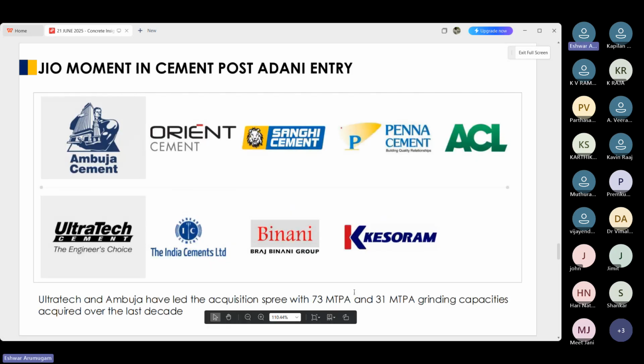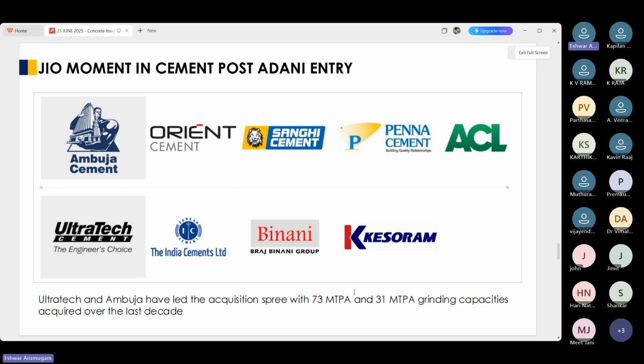So the cement industry saw a Jio moment in FY22 when Adani acquired Ambuja Cements. Essentially, what happened in the telecom industry when Jio launched in 2016 is that they offered way more for way less price, which led to a lot of inefficient players either going bankrupt, going out of business, or being acquired by the larger players.